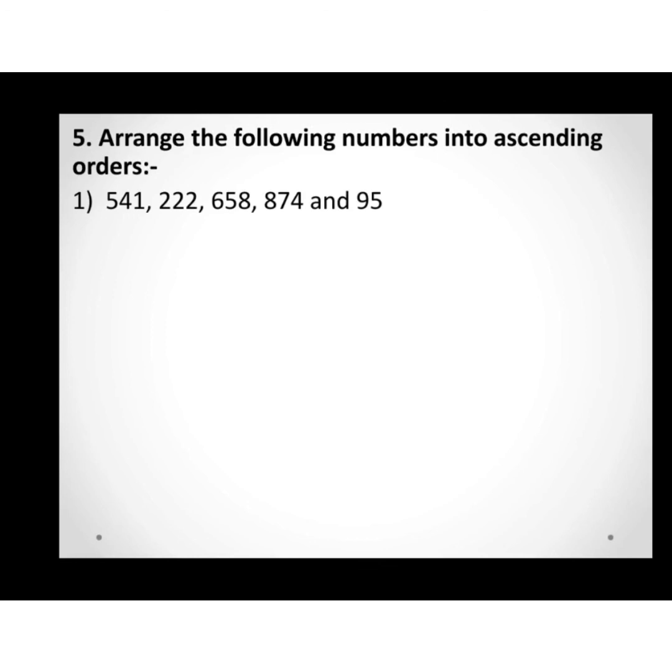Now, we have 541, 222, 658 and 874. In order to find out the smallest one, compare the first digit of every number. Yes, 222 is the smallest one because 2 is the smallest digit.